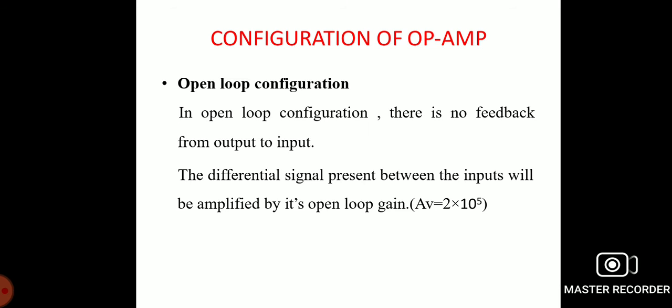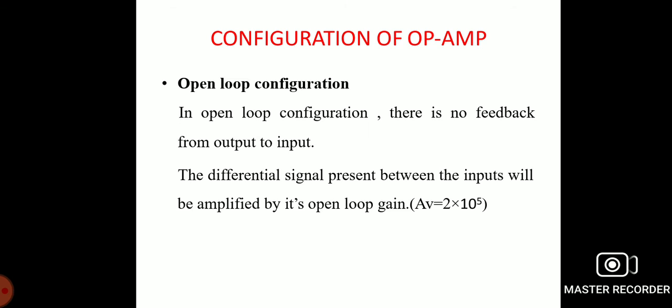Now why is the operational amplifier not used as an amplifier in open loop configuration? Due to the very high open loop gain, distortion is introduced in the operational amplifier output signal.